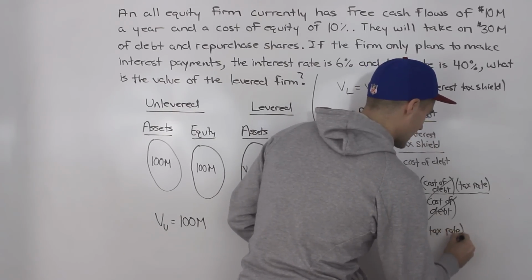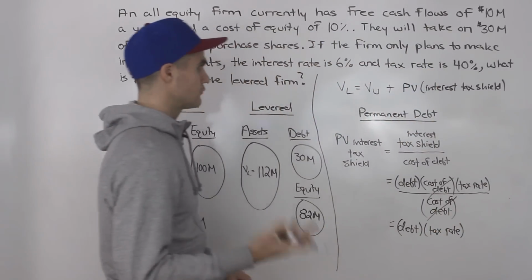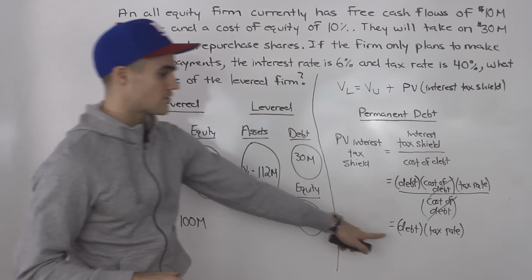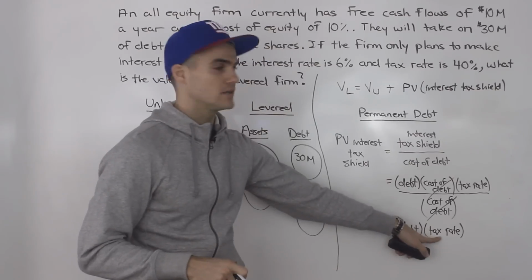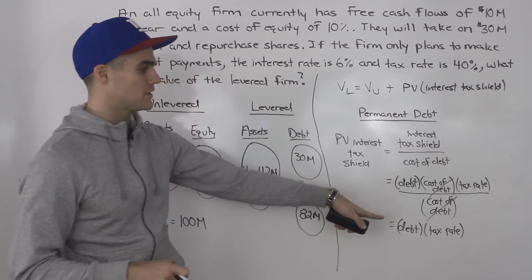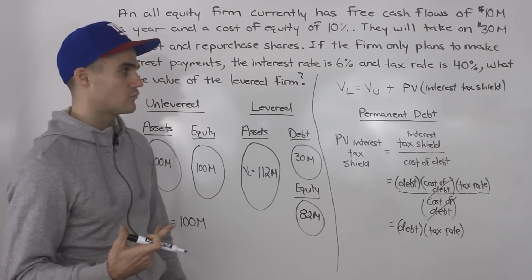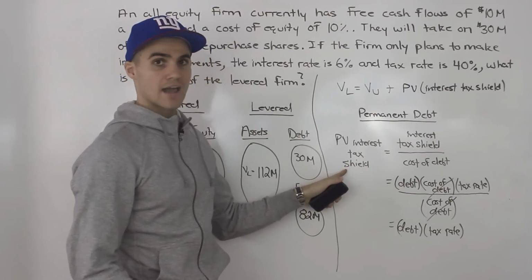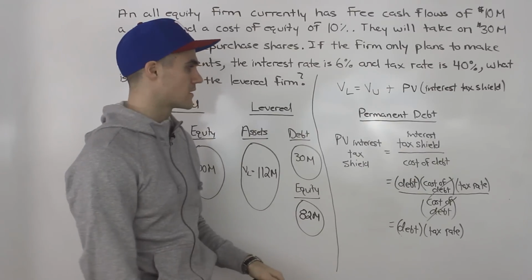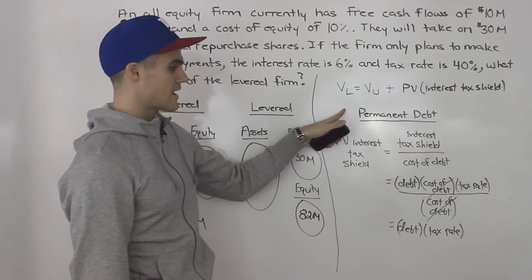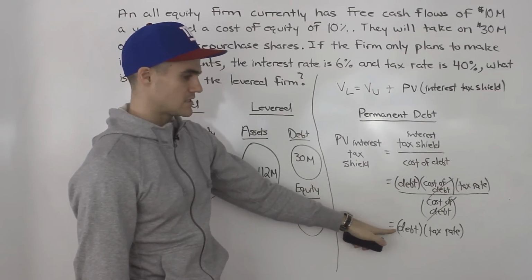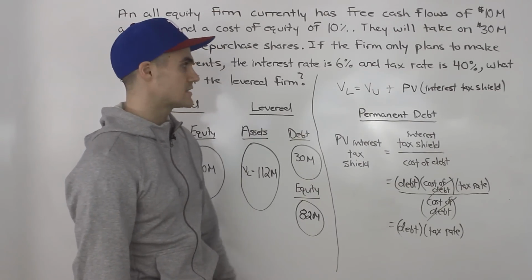Because those cost of debts cancel out. And if we actually go back to this example, notice that the debt is what? It's 30 million. Tax rate is 40%. 30 million times 40% gives us 12 million, which is what we got when we calculated the present value of that tax shield the longer way. So whenever you got permanent debt, you can simplify this whole process into the debt times the tax rate.